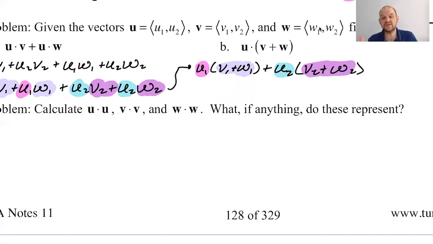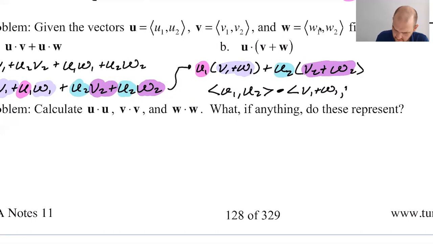Well, this is something that you do a lot, and it's a little weird, but you do it a lot when you're doing linear algebra type things. You look at something, you're like, oh, that's the dot product. What is this the dot product of? Well, this is actually just u1, u2 dot v1 plus w1 comma v2 plus w2.